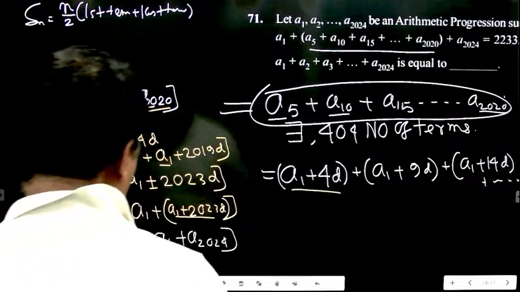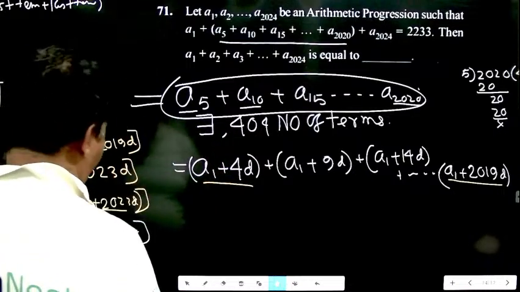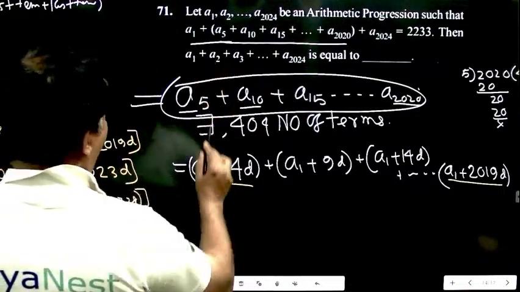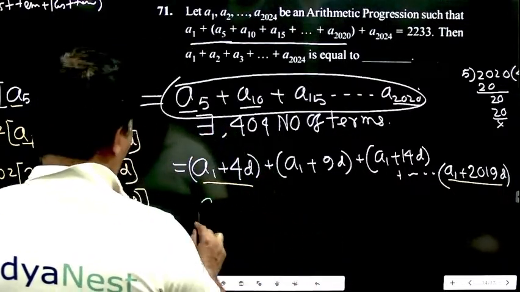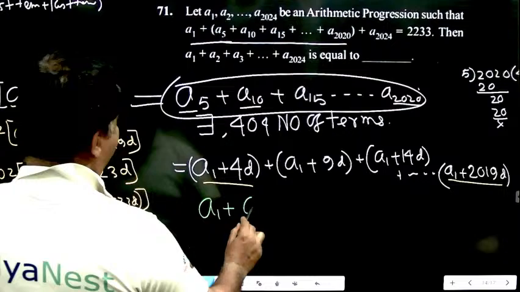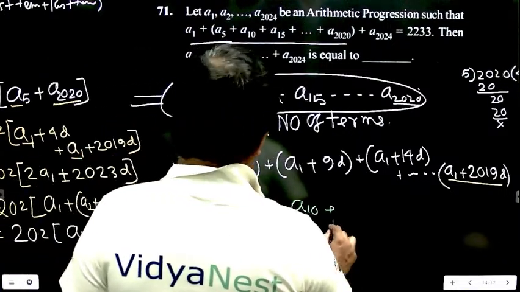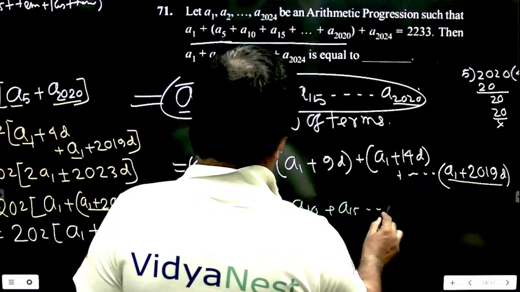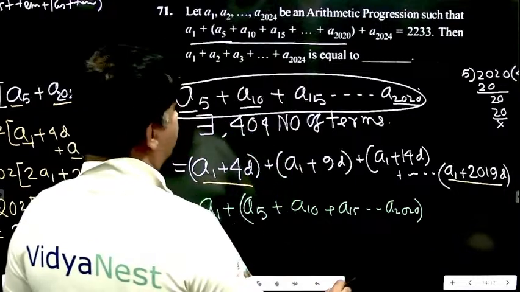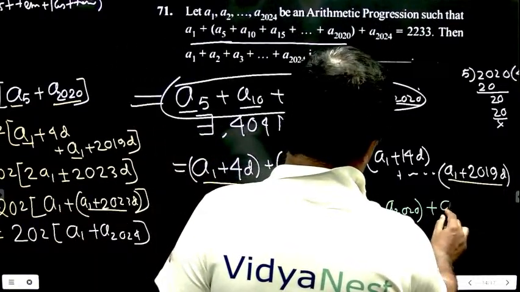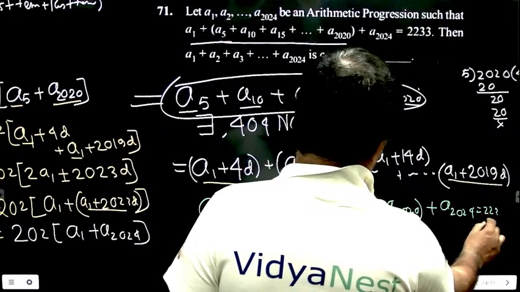Now you come to this condition that this result is given to us: A1 plus A5, A10, A15, up to 2233.